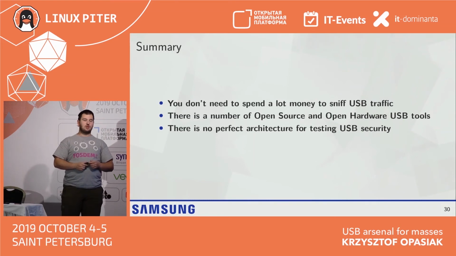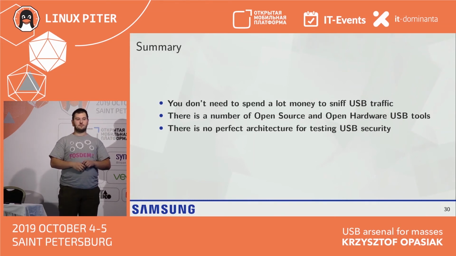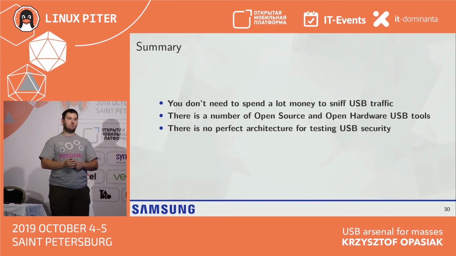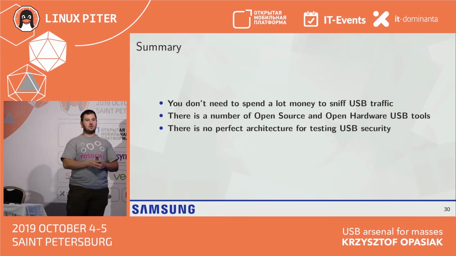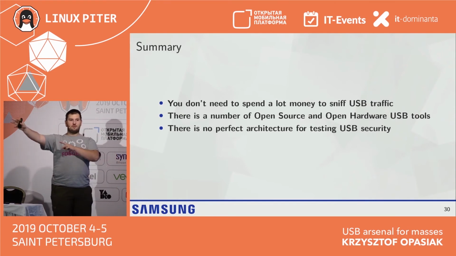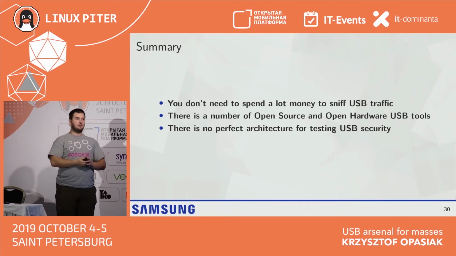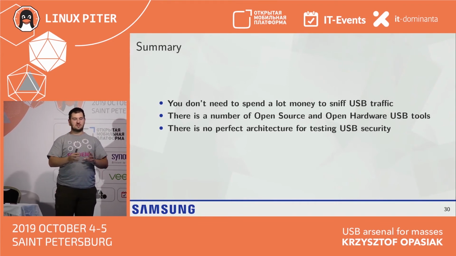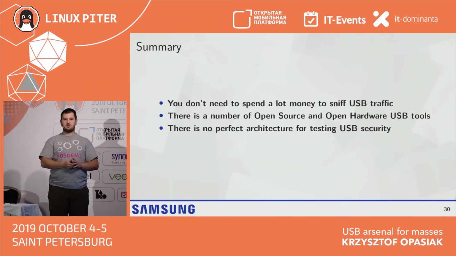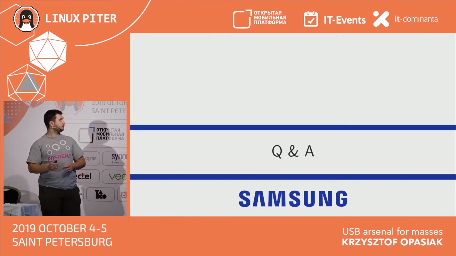So if you really want to test the security of some USB host, then you should probably have some mixed solution and do some farming using syzkaller or VUSBF first, and then try to explore a little bit more some of the use cases with the physical devices connected to that particular host.